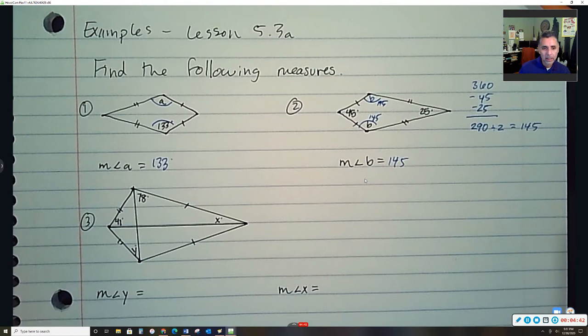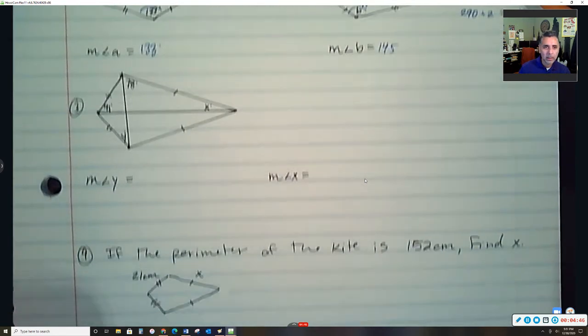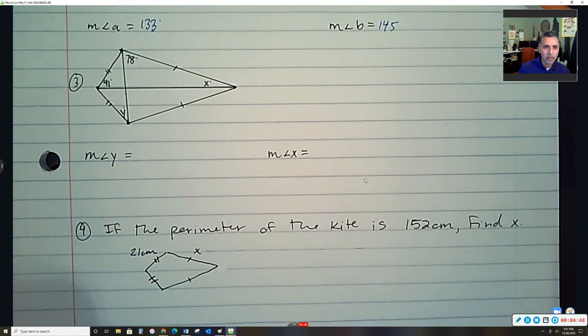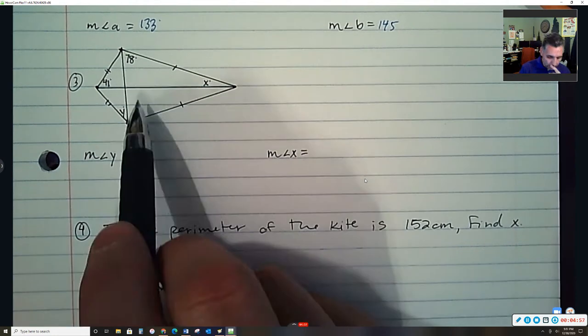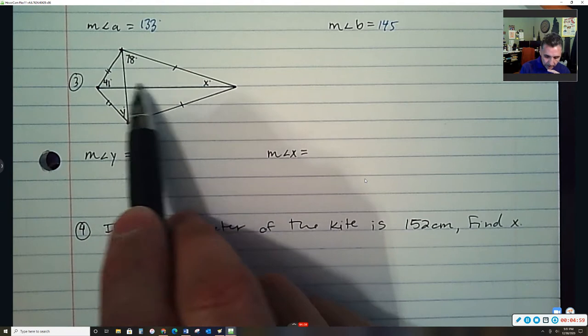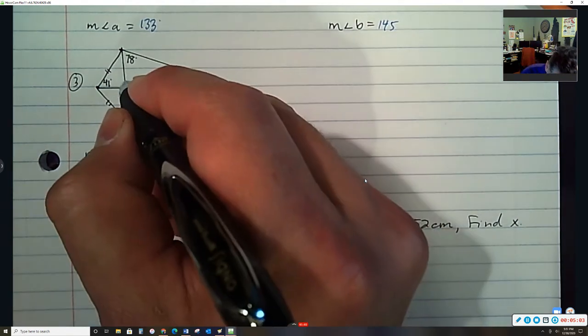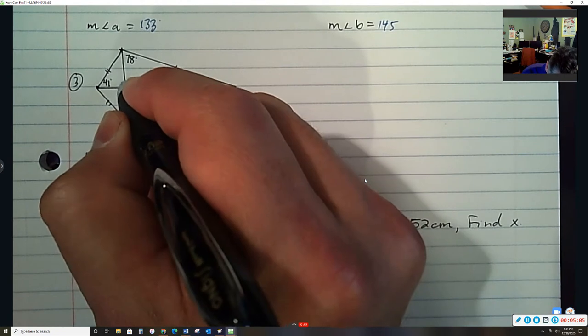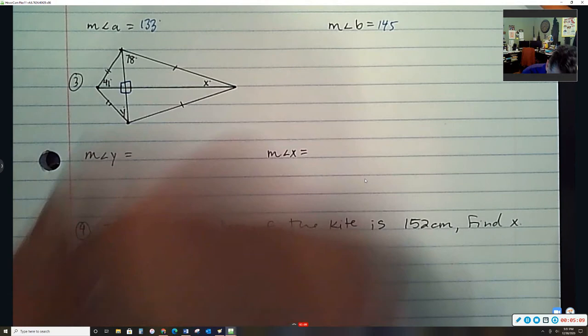And then if you look at number 3, let me erase it so you guys can see the last one. So pause it right now if you want to copy number 4. I'm going to do number 3. Remember I said earlier on the other page, this triangle down here. First, the diagonals are perpendicular. That means each of these is equal to 90.